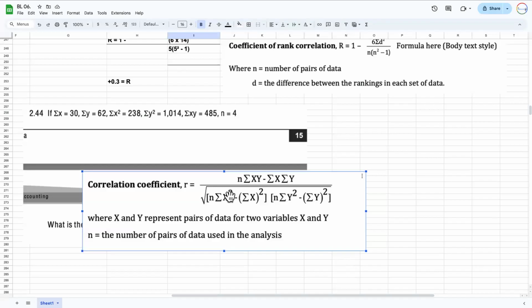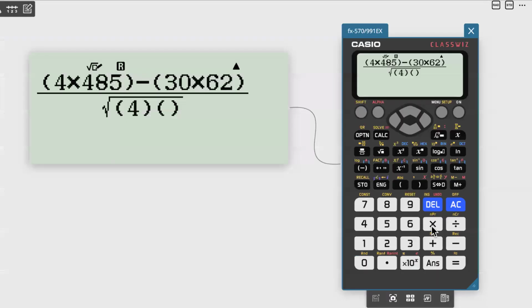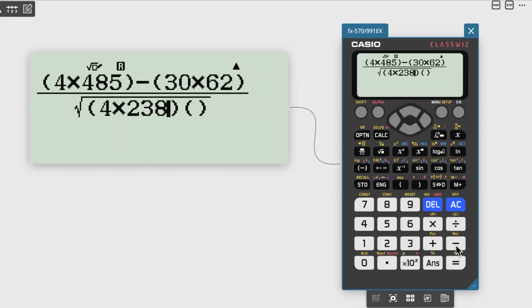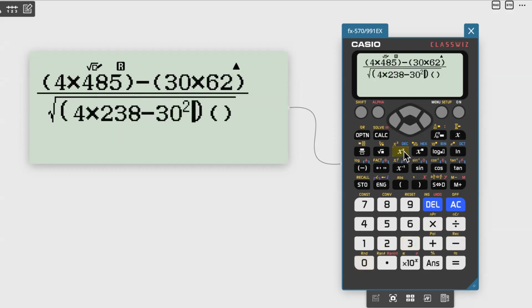Then sigma x squared, that is 238, so times by 238. Then we have to take away sigma x fully squared. Sigma x is 30, so 30 squared is there. So that is the first part.